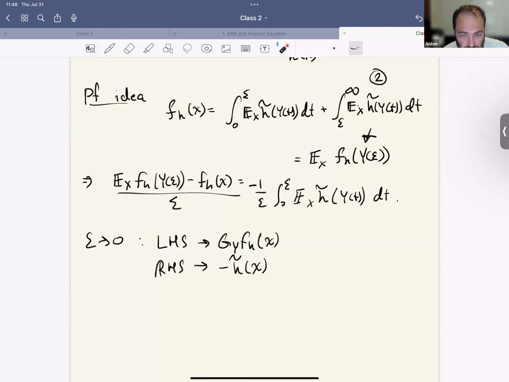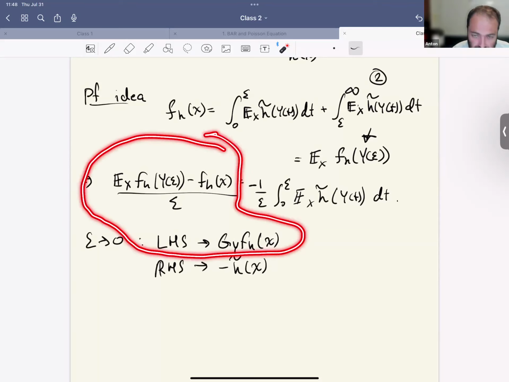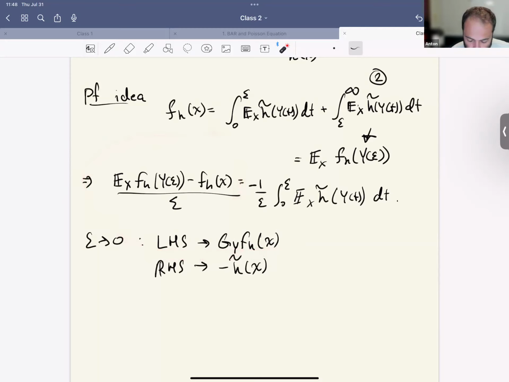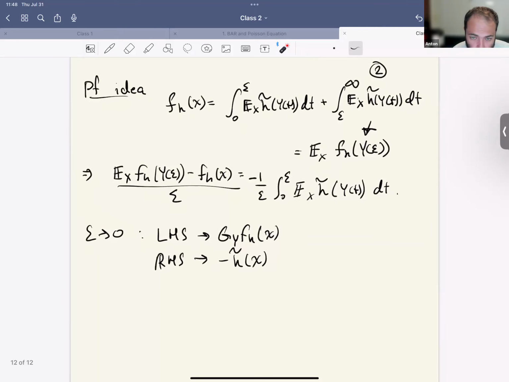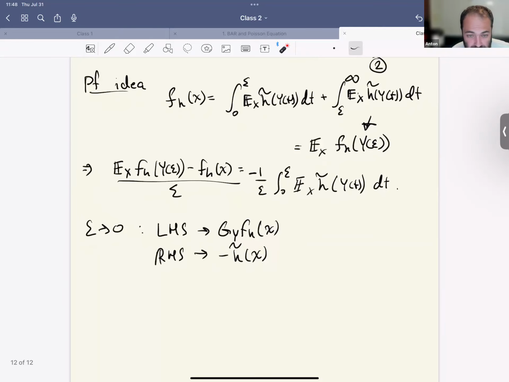What do we assume here implicitly? As a hint, it's all about the left-hand side. We need to basically assume, in order for this thing to make sense, that the limit is well defined.